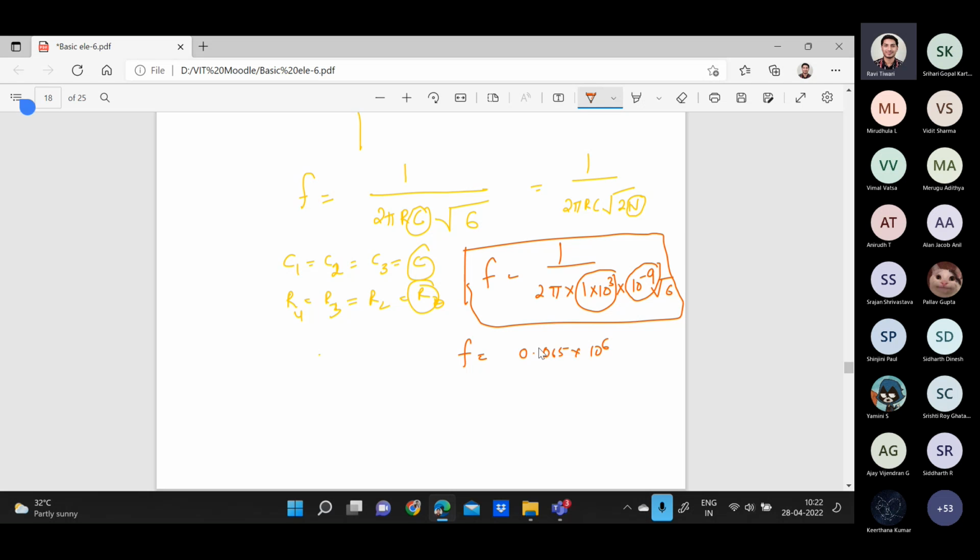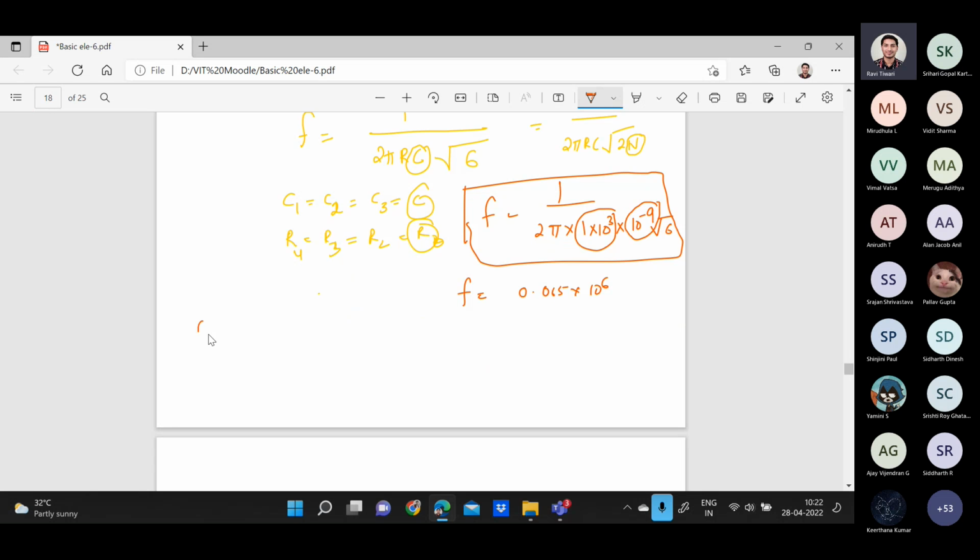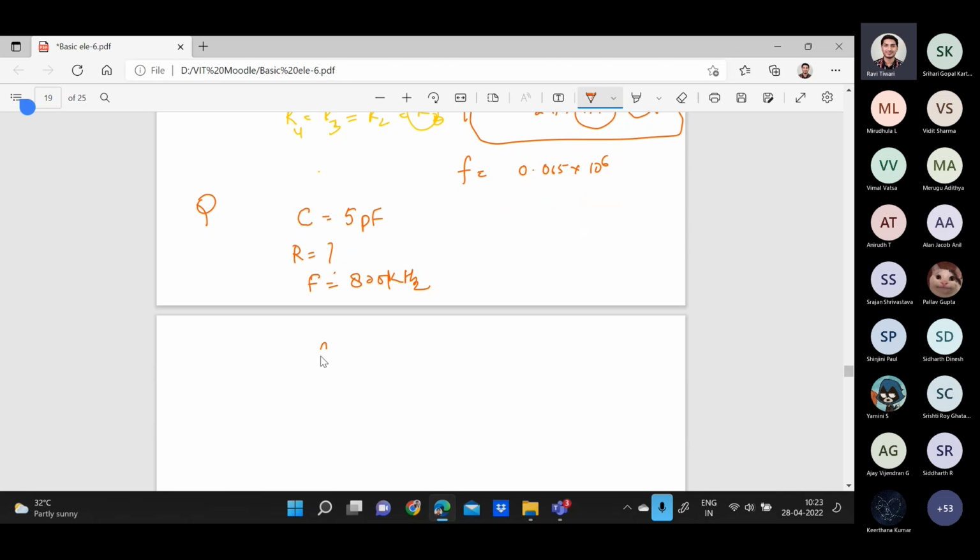Now the next question they can ask: an RC phase shift oscillator uses a capacitor of 5 picofarad. Find out the value of resistance to produce a frequency of 800 kilohertz, for example. You have to use the same formula, that is F equals 1 by 2 pi RC under root of 6.